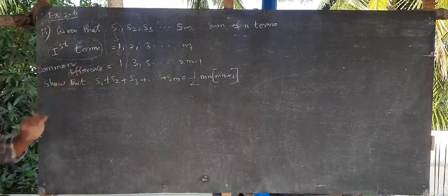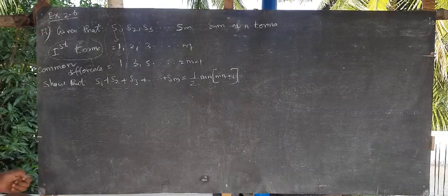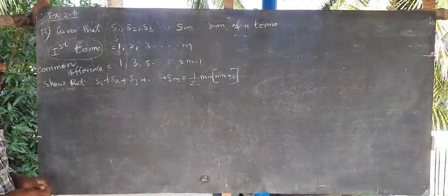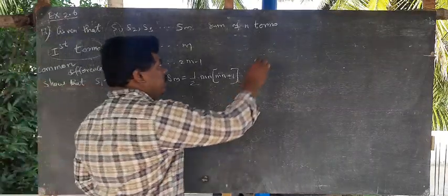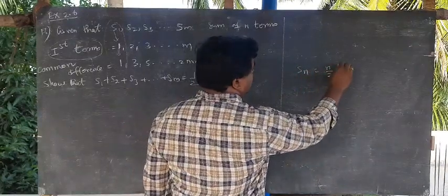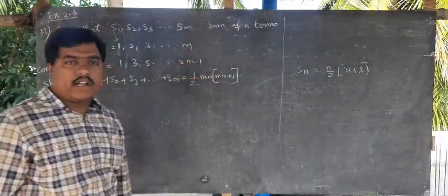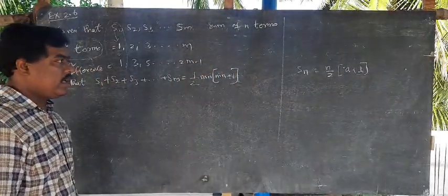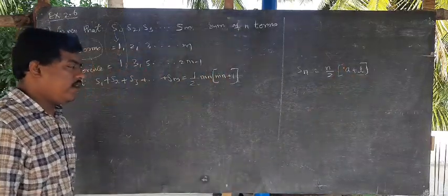Like this we have to write in your answer sheet, and then what do we have to do? We need to find S1, S2 and so on Sm. So, the formula is Sn equal to n by 2 into A plus L. And you know the formula for the Sn series, Sn equal to n by 2 into A plus L. Why are we using this formula?